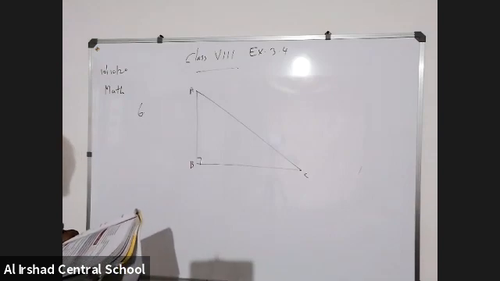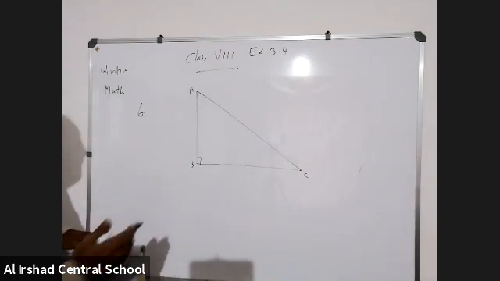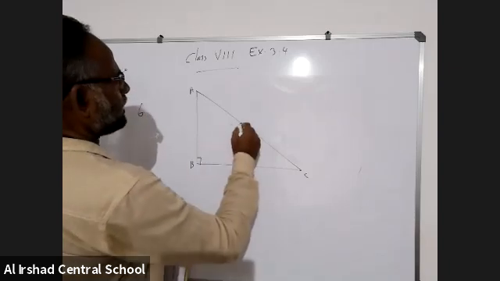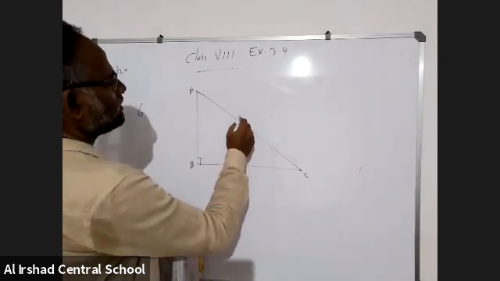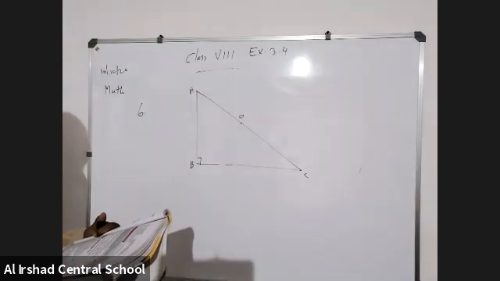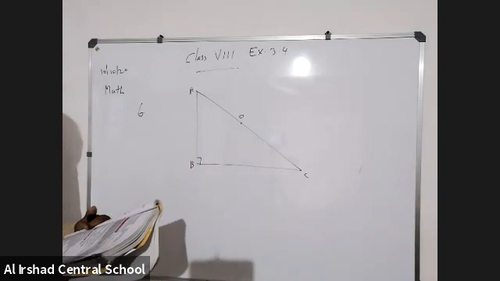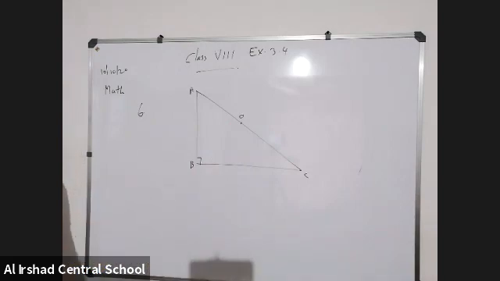O is the midpoint of the side opposite the right angle. Opposite the right angle means the hypotenuse. This is O. Explain why O is equidistant from A, B, and C.